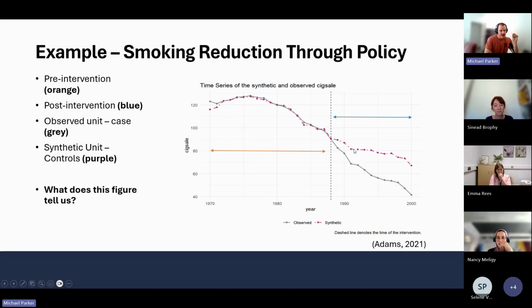In pink is the aggregated control units that are all mushed together. In the pre-intervention period, the whole thing is being adjusted by the variable weights to fit the patterns of the outcome as the case. But in order for us to build the units that make up the purple line, the synthetic line, we will have to have the characteristics of the observed line, because these are our reference in building.